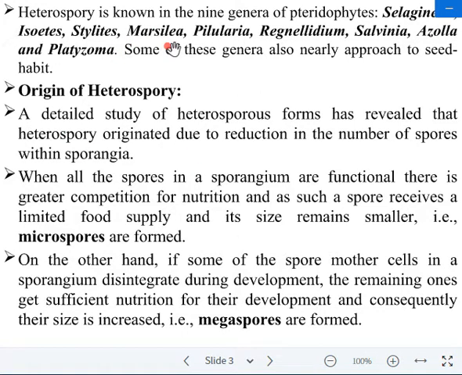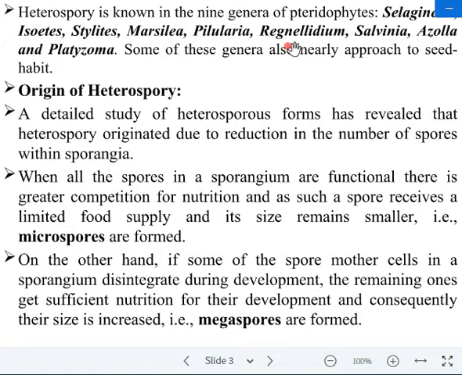Heterospory is well known only in 9 genera of the fern. Remember it. Mostly the fern which have been reported on record by pteridologists are homosporous. But out of these, only 9 genera of fern have been reported as having heterosporous tendency.